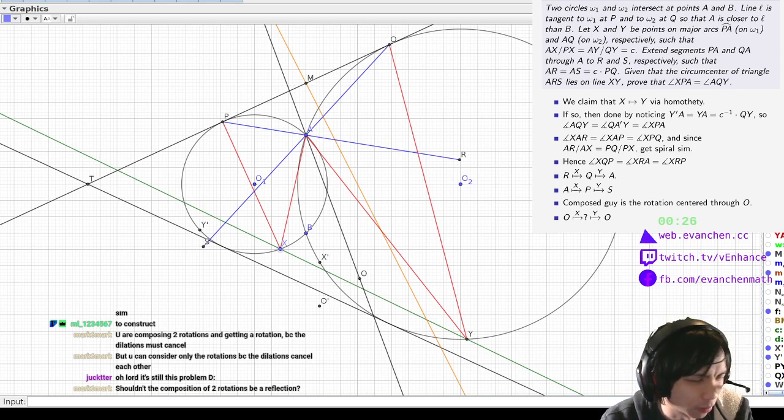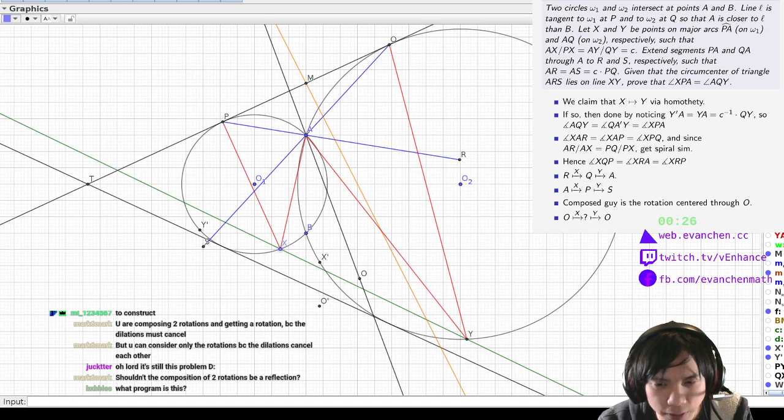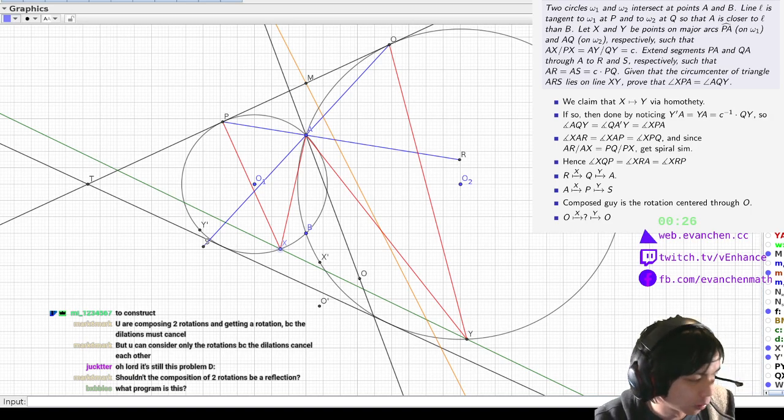Wait, what? No, that's not true. Yeah, I'm annoyed. I spent so much time just staring at the picture and not being sure what to do. What program is this? This is GeoGebra.